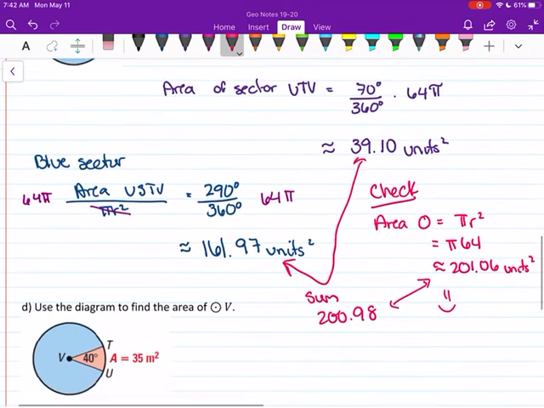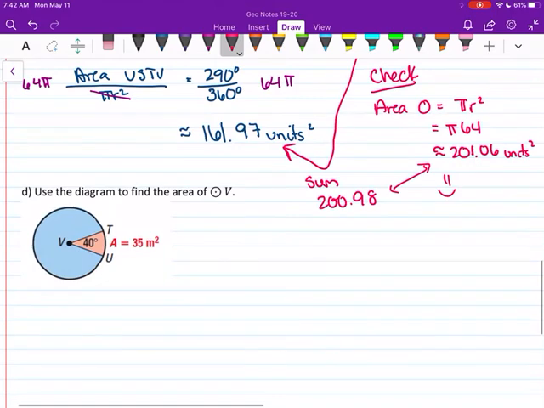Okay, next, our last example today says use the diagram to find the area of circle V. In our diagram, we have that our intercepted arc is 40 degrees, and the area of that sector is 35 square meters. And I want to find the area of the whole circle. So let's think about how we might do this.